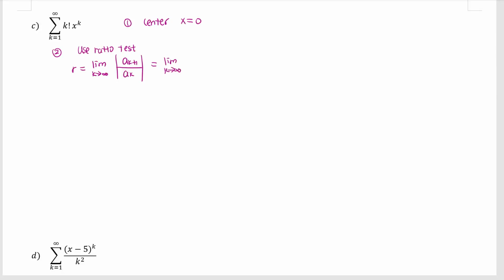What happened? For a sub k plus 1, we plug in k plus 1 for k, and x becomes absolute value of x to the k plus 1, over k factorial times absolute value of x to the k.